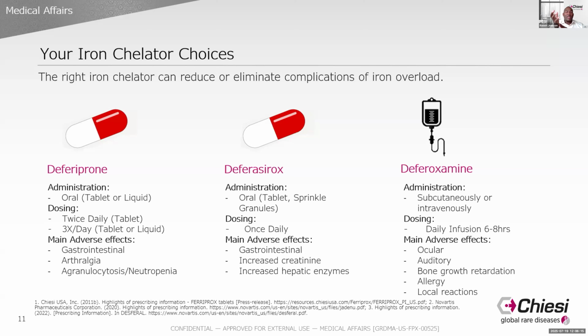It does have its own set of issues, such as ocular, auditory, and growth retardation effects. You can be allergic, and because it's subcutaneous, you can have local reactions due to the infusion of the medication.